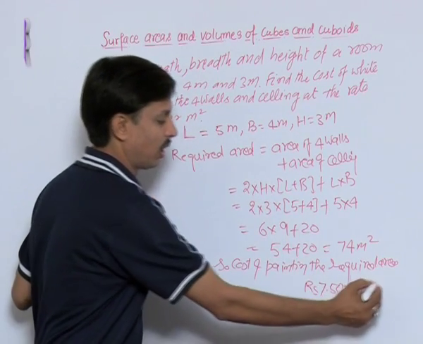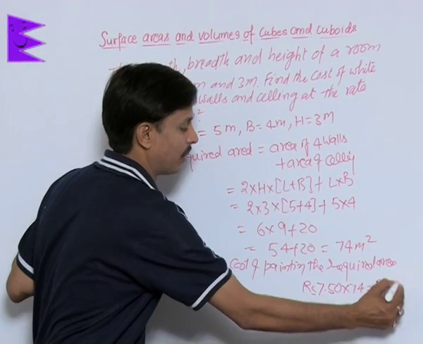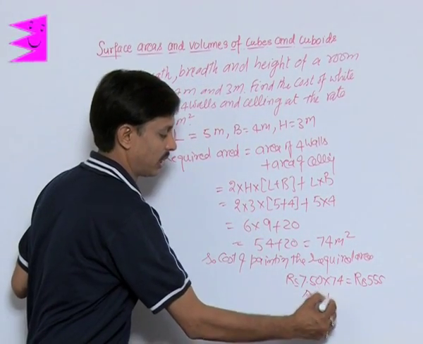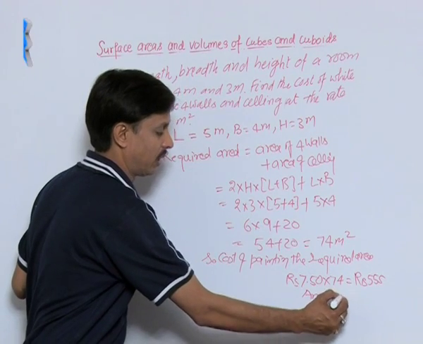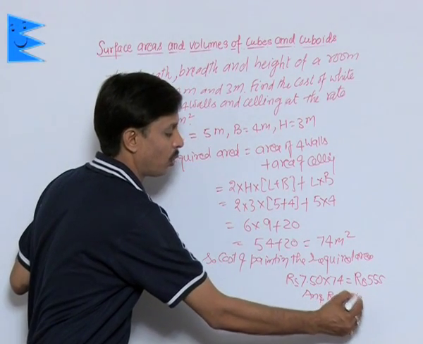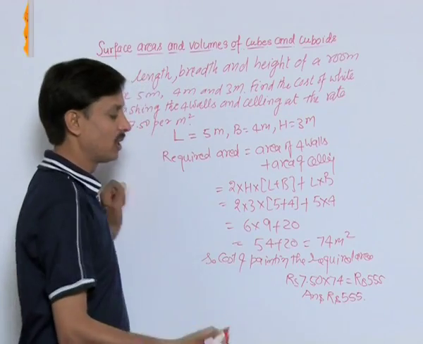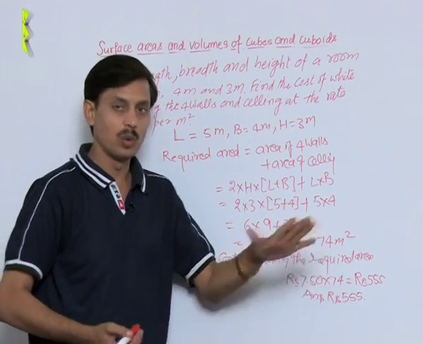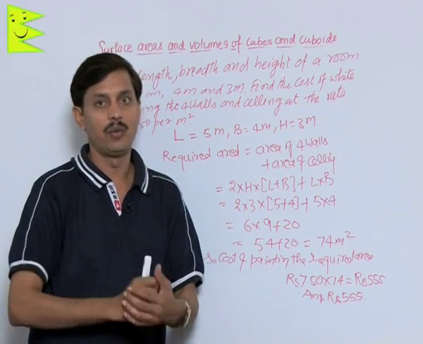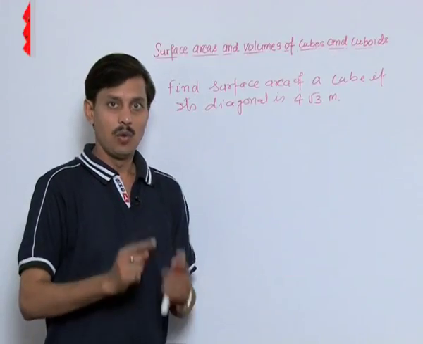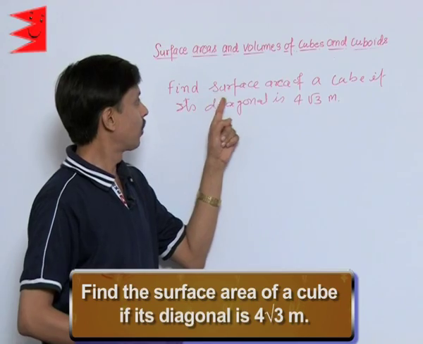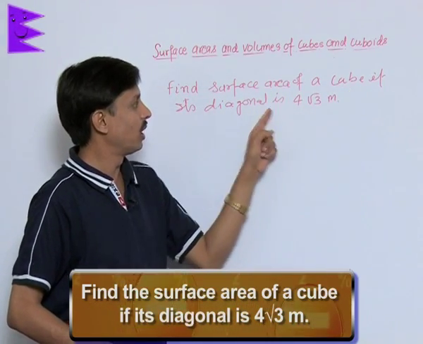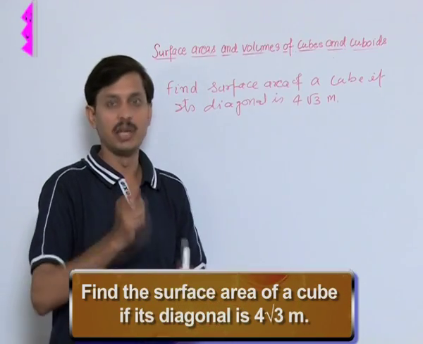This product comes to rupees 555. So the answer, the cost of painting the 4 walls with the ceiling at the rate of rupees 7.50, is 555. Find the surface area of a cube if its diagonal is 4 root 3 meter.